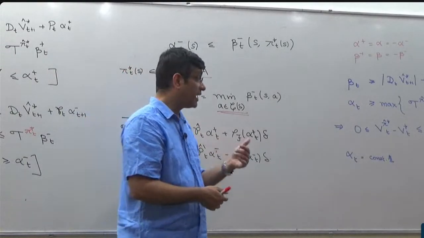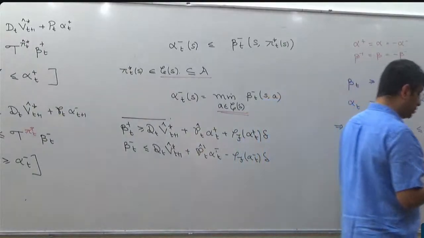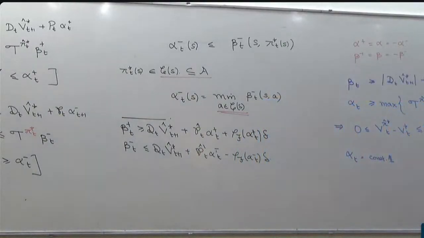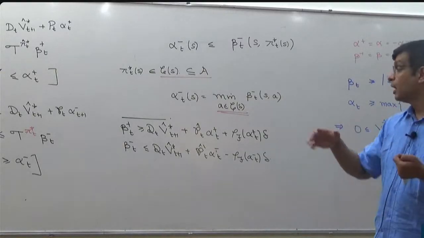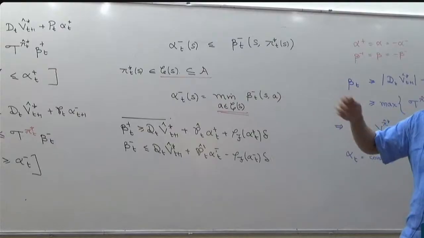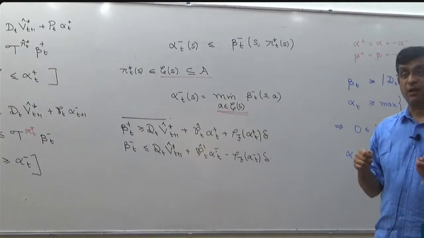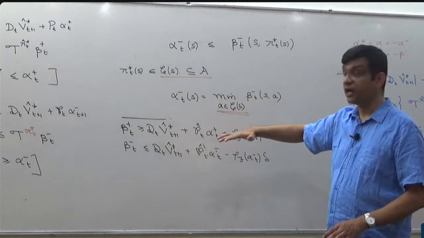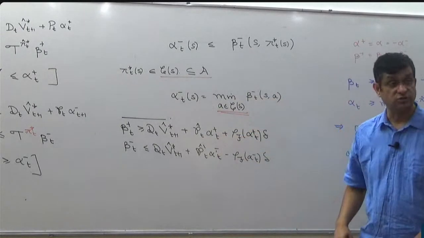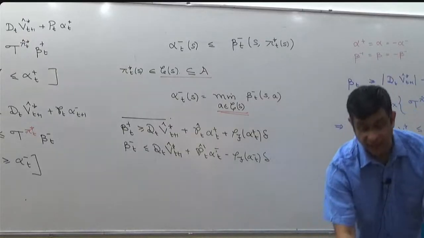To get anything tighter, I would need to identify some relationship between pi star and pi hat star. So far, I am just saying there are arbitrary policies. In some systems, you can say certain changes in the model will mean that my policy should not change by more than a certain amount, and then I can get terms which depend on the distance between pi star and pi hat star. But unless I do something like this and I just follow this basic style of argument, these are the tightest possible bounds that I can get and compute.